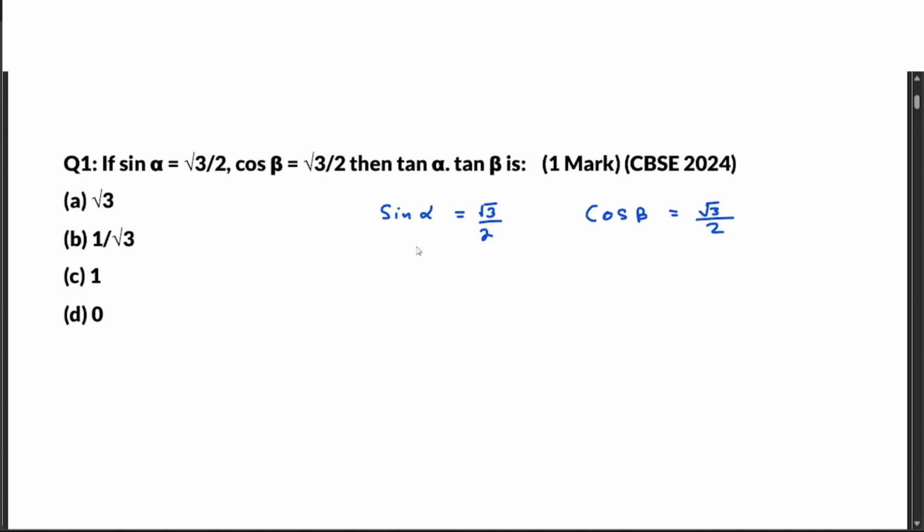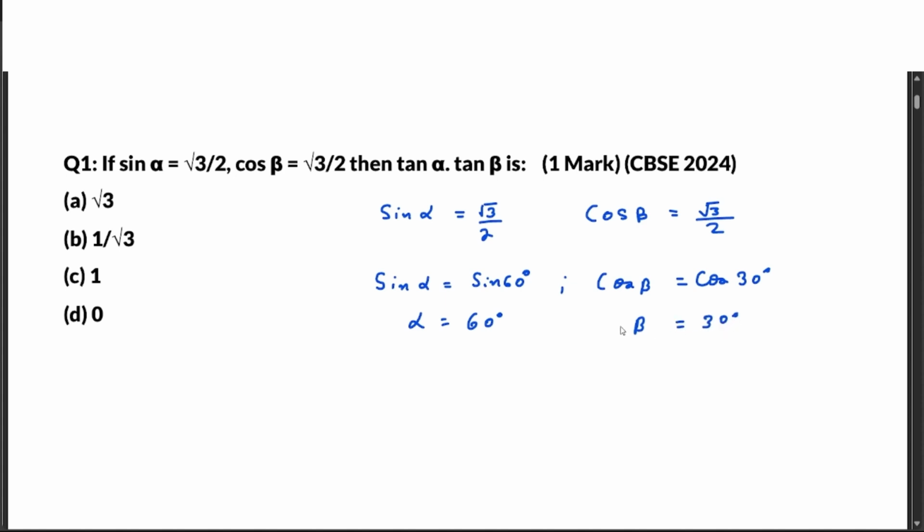Based on that, sine alpha is equal to sine 60 degree, which means alpha is equal to 60 degree. And in the same way cos beta is equal to cos 30 degree, which means beta is equal to 30 degree.